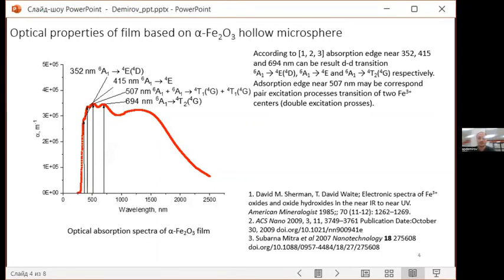Optical properties of the film were measured using certified spectrophotometric measurement techniques on a calibrated Carrier 5000 spectrophotometer.